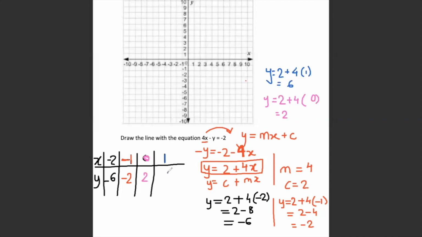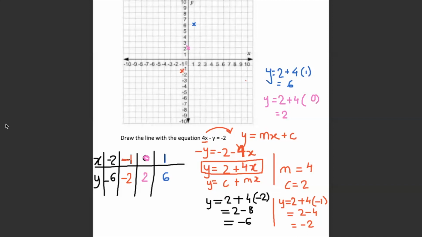So 1, 6. So let's quickly plot these 4 points there. 1, 6, 1 along the corridor, 6 up the stairs. As there. 0, 2. So 0, 2 there. Next one, minus 1, minus 2 in red. Minus 1, minus 2. That's there.